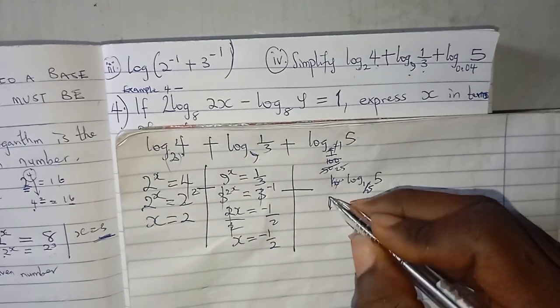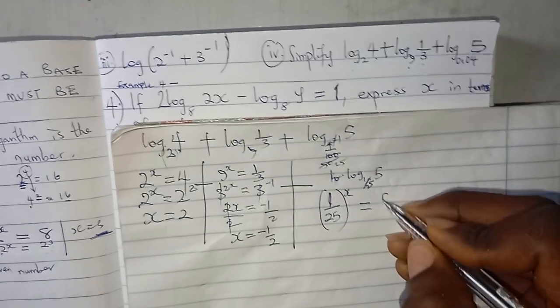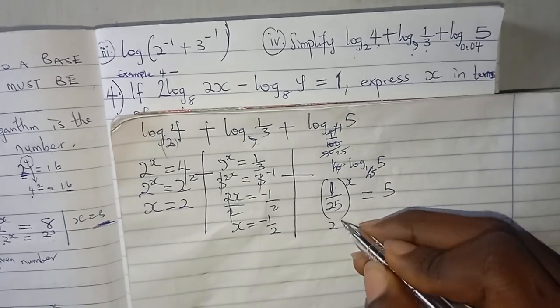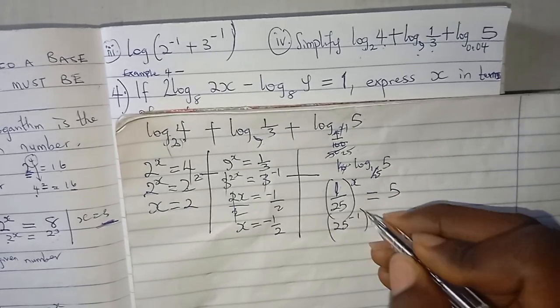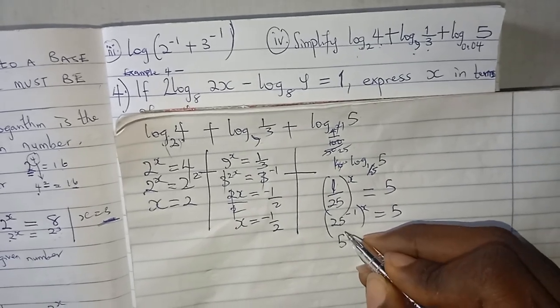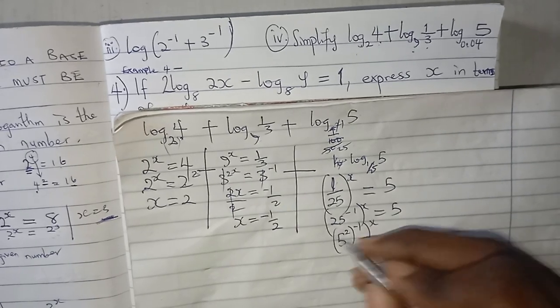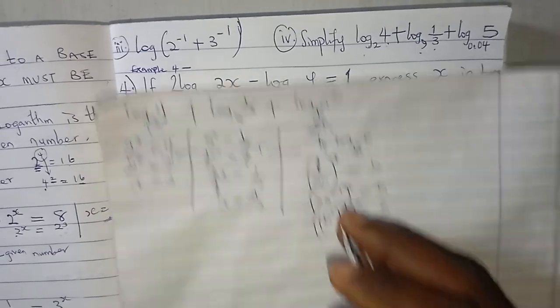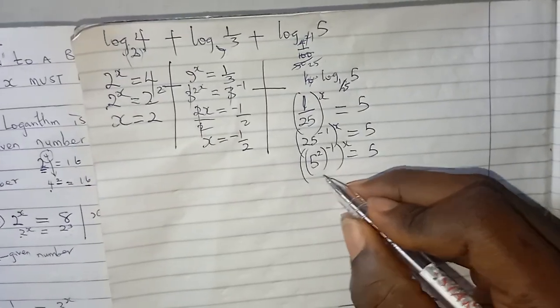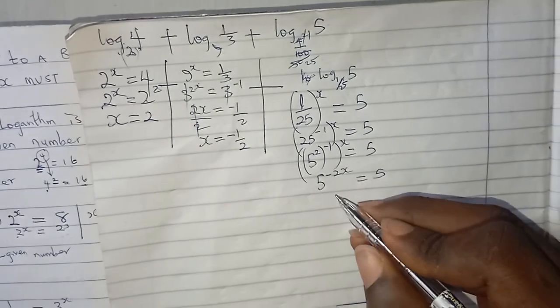What do I add to 1/25, which is the base, to get 5? This is the same thing as saying 25 raised to power minus 1 x equals 5. This is the same thing as saying 5 raised to power 2 times minus 1 x equals 5. This is the same thing as saying 5 raised to the power minus 2x equals 5.